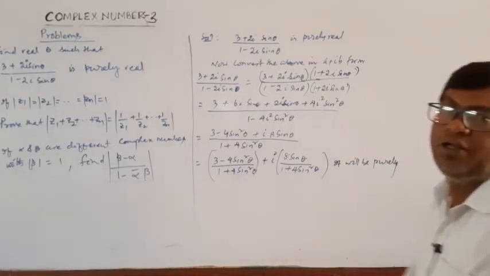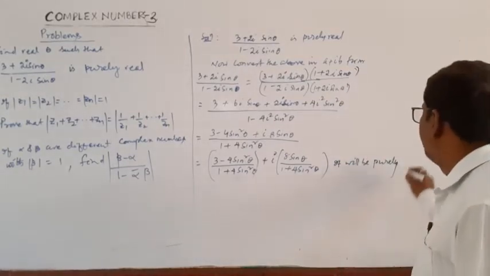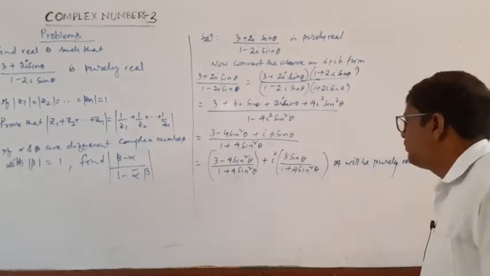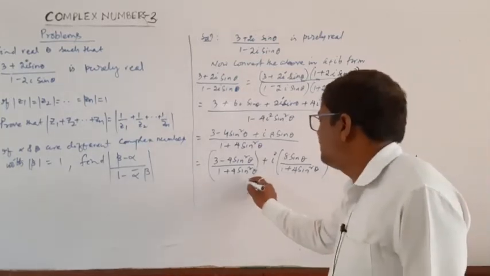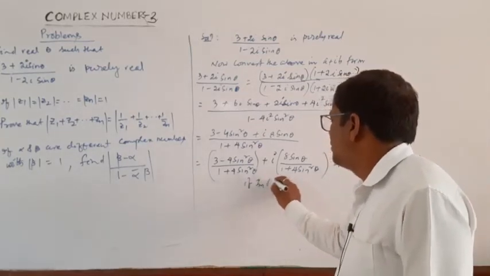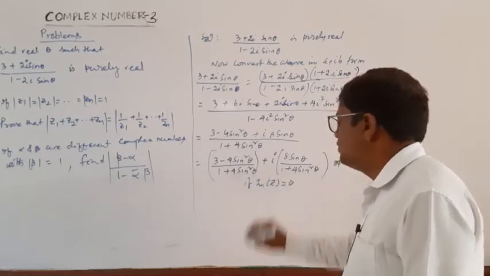It will be purely real if the imaginary part of z is equal to 0.